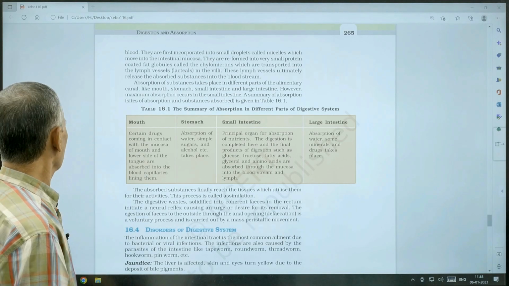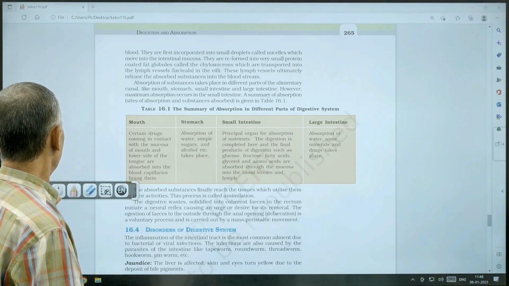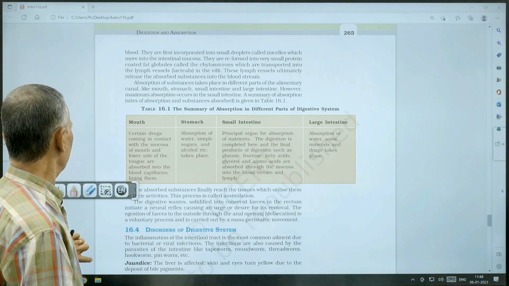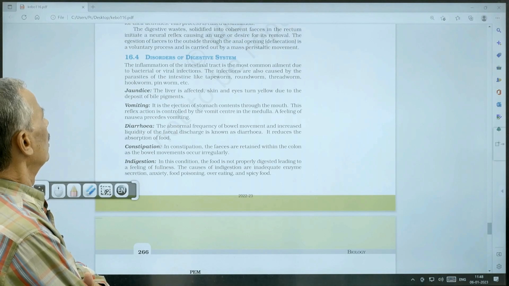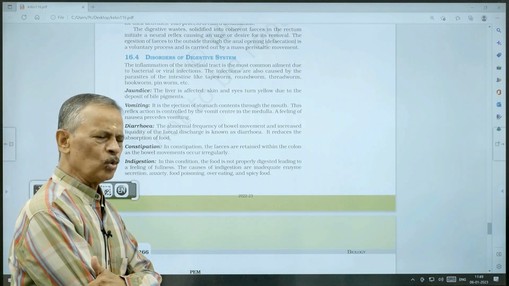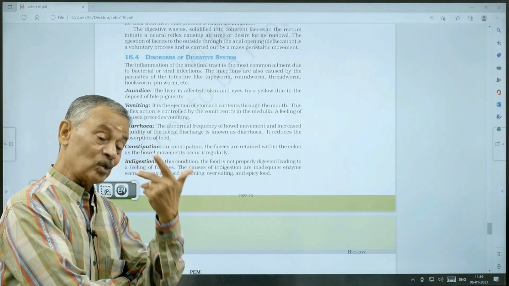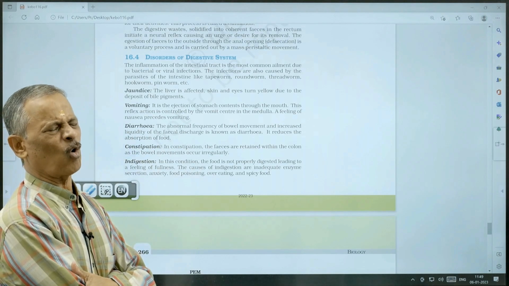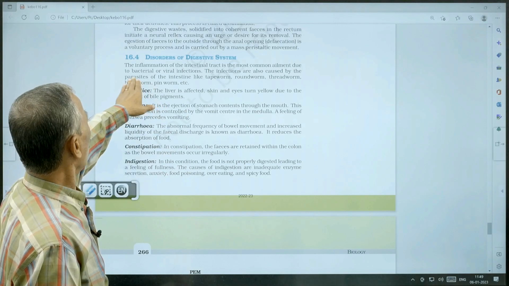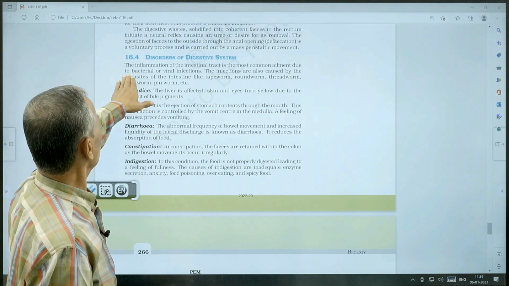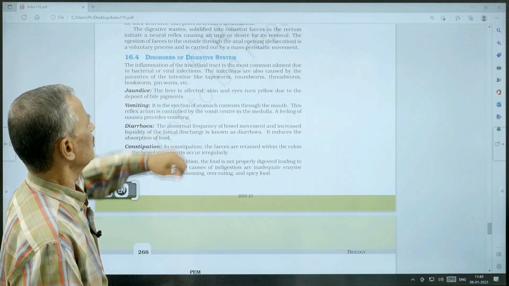Clear? And coming to the last part, namely the disorders of the digestive system. Normally, pathogens easily enter through food. That's a common way of entering our body. That is the common cause of bacterial or viral ailments.